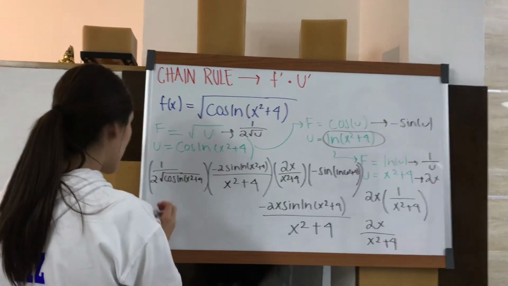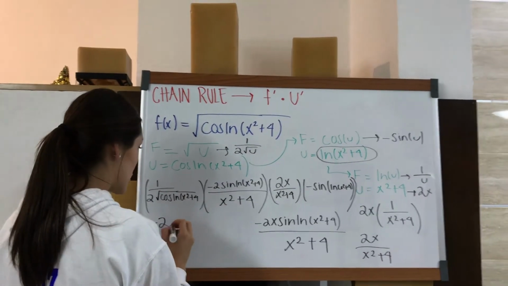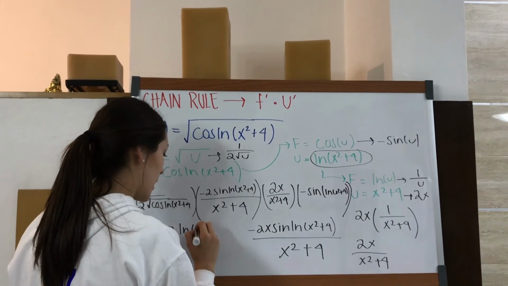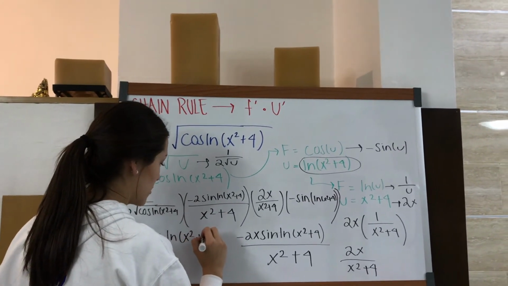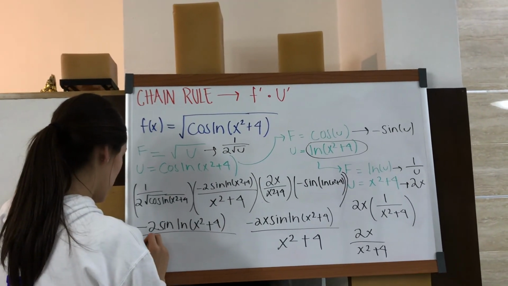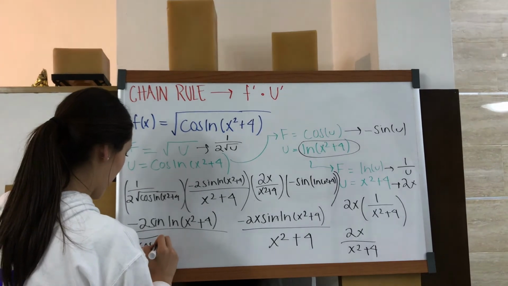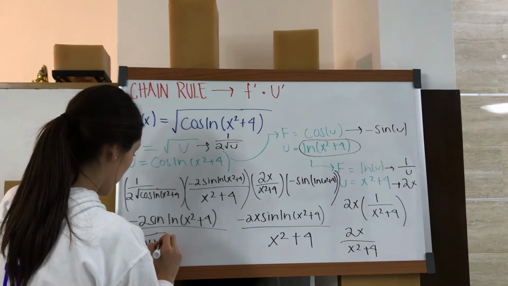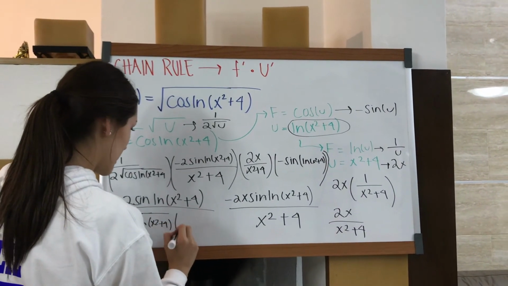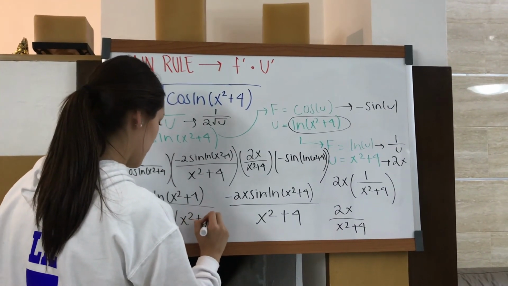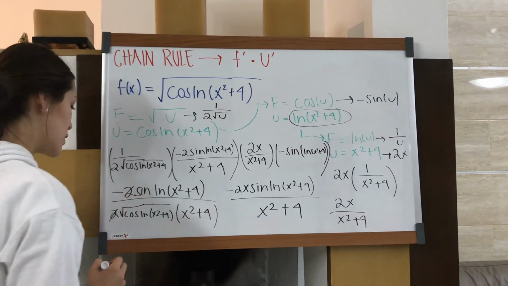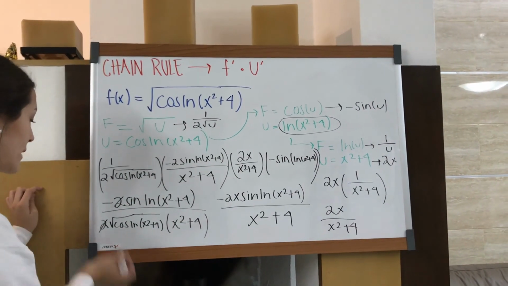You have to multiply it and you will get minus 2 sin(ln(x squared plus 4)) over 2 square root of cos(ln(x squared plus 4)) times (x squared plus 4). And here you have to eliminate the 2, so your answer will be this one.